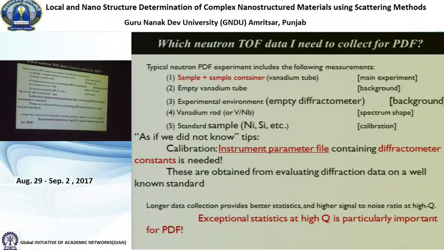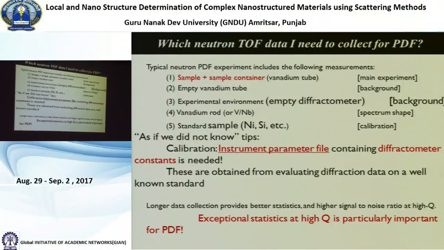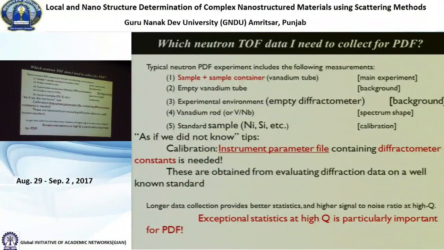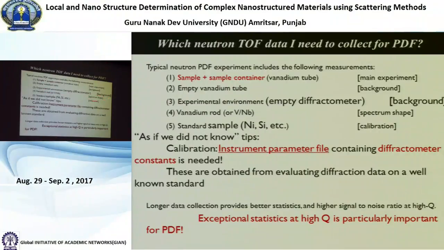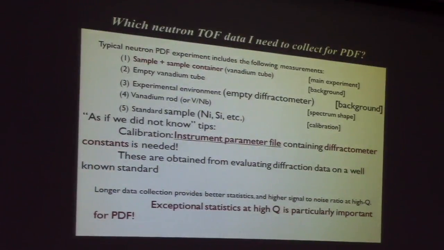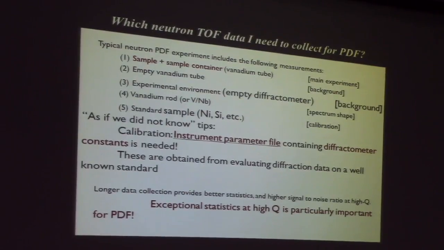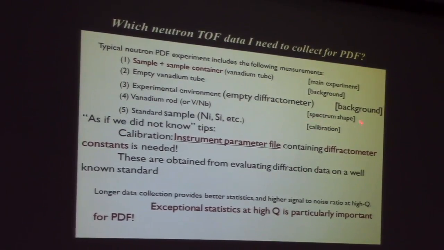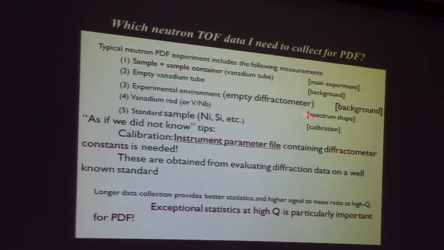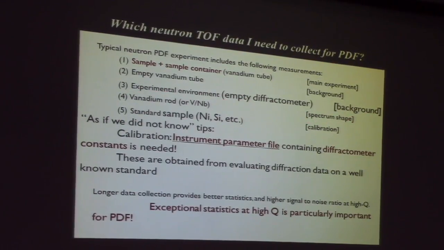We know exactly how much vanadium we have in the beam, so we can get an absolute scattering cross-section from that, and that allows us to do a perfect normalization. And for time of flight, that also gives us a spectrum shape, so it tells us the different energy neutrons scatter with different probability, and there are different numbers of them, so we get that spectral shape from that.